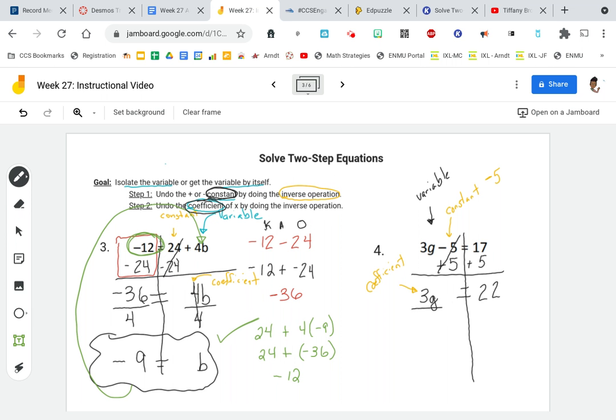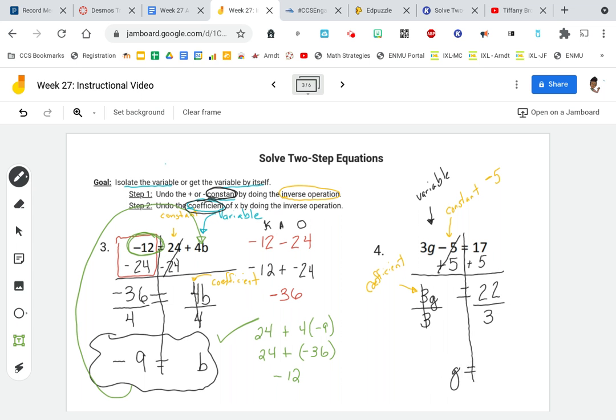So I need to divide by, since I need to get rid of that 3, I'm dividing by 3. But what I do to one side, I must do to the other. So 3 divided by 3 is 1. So on the left-hand side, I'm left with a 1g. But it's not necessary to write the 1.